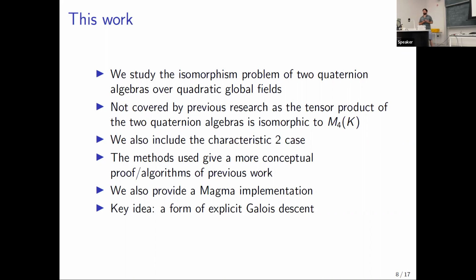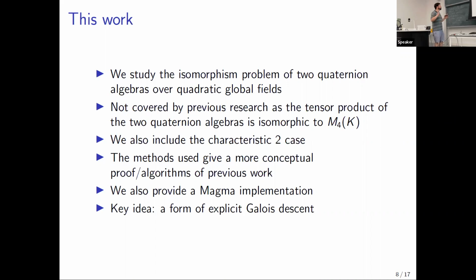You could ask, why isn't this covered by the results I just mentioned? You can still do this tensor product trick, but then you have to trivialize an algebra which is isomorphic to M_4 over a quadratic extension, and we don't really have algorithms for that which are efficient also in the size of the discriminant. Plus, we also handle the characteristic 2 case, which was not really handled before.